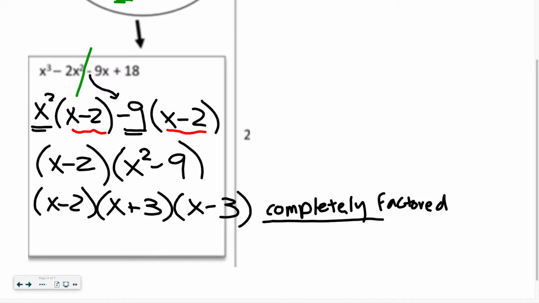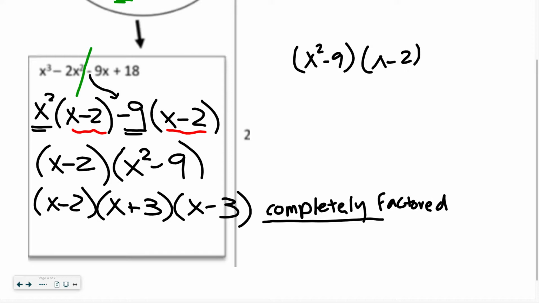Like, with the x minus 2, because you're combining it, would it be x minus 2 squared? No. What you're really doing right there is like undistributing. So say we had x squared minus 9 and it was being multiplied by x minus 2.